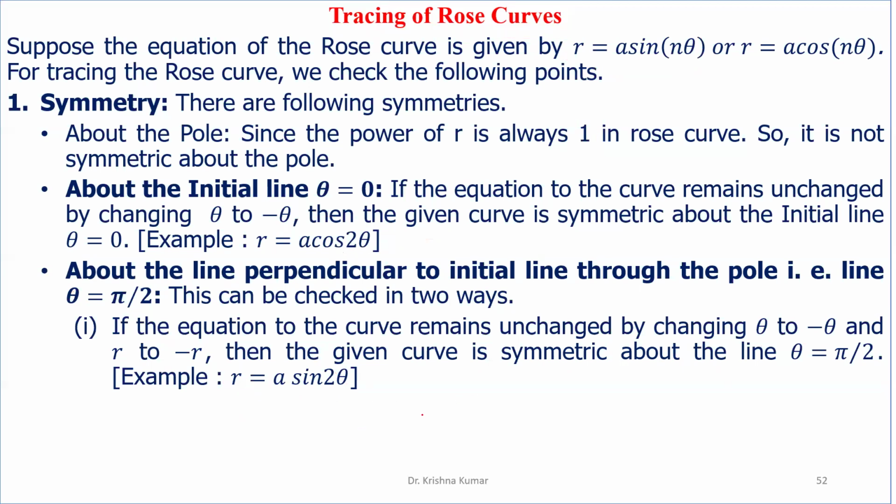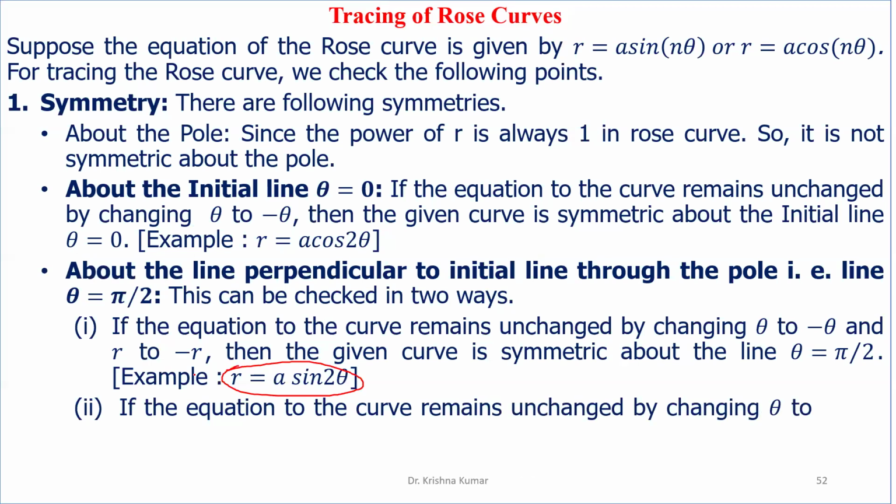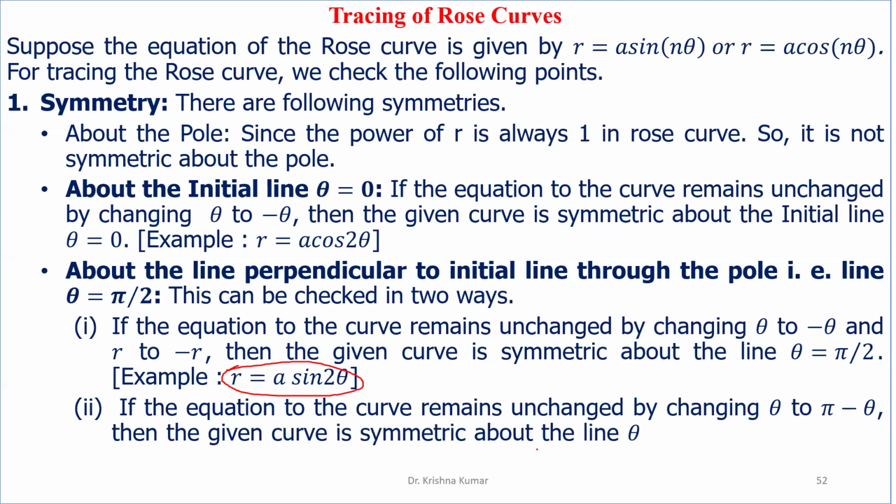Now, suppose this is not true. Then we have to check one more symmetry about the line theta equal to pi by 2, which can be checked by replacing theta by pi minus theta. Then the given curve is symmetric about the line theta equal to pi by 2. For example, if we have r equal to a cos 2 theta, here if we check the first part, replacing r by minus r and theta by minus theta, the equation will be minus r equals a cos 2 theta.